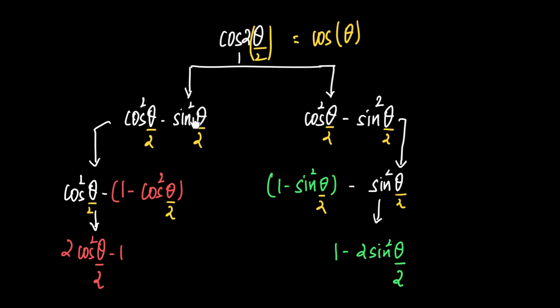Now, we can replace sin square theta by 2 as 1 minus cos square theta by 2, which gives us 2 cos square theta by 2 minus 1. And similarly, we can replace cos square theta by 2 as 1 minus sin square theta by 2, which gives us 1 minus 2 sin square theta by 2. So cos 2 theta by 2, or cos theta, can be expressed in two different ways: 2 cos square theta by 2 minus 1, or 1 minus 2 sin square theta by 2. Okay?